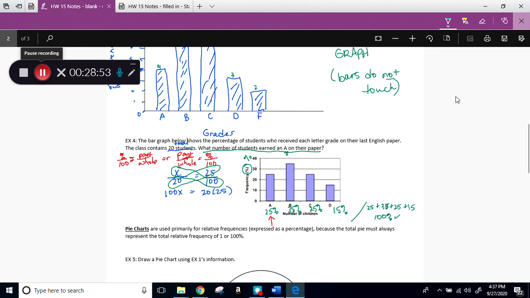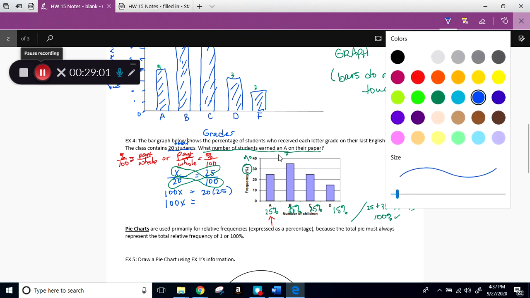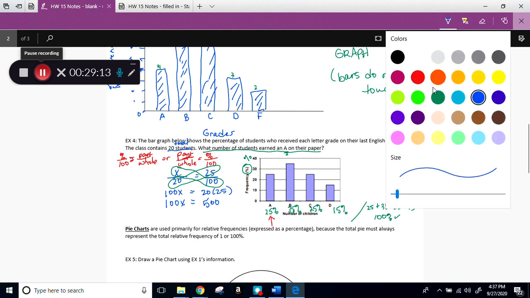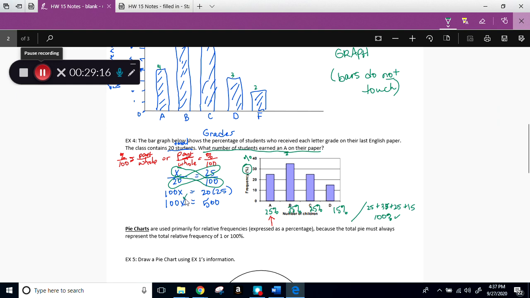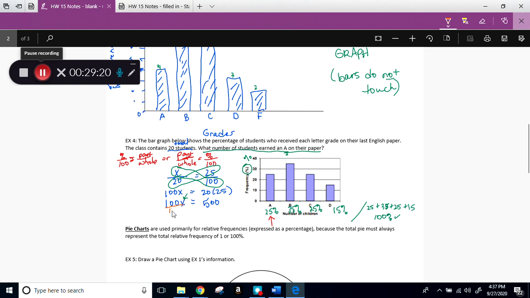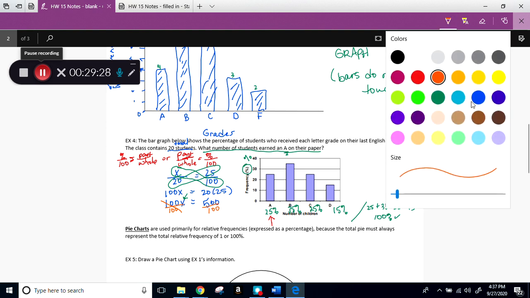So we have 100x equals 20 times 25, which is 500. But we want to get x by itself. So remember when we're doing these equations, we're going to try to get x by itself. So we're going to divide by 100. Since I'm multiplying 100 times x and I want to get rid of it, I'm going to divide both sides by 100 and get x equals 5.